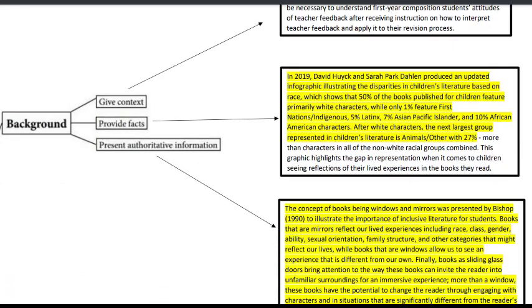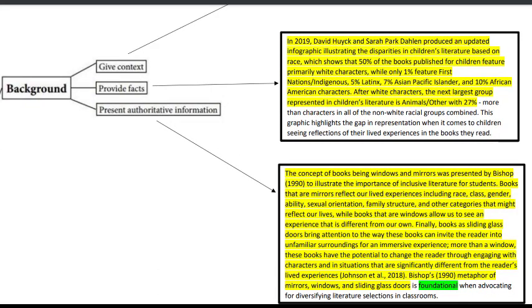So in this here, okay, I have a couple of background information and then a couple of paragraphs that show how background information is being used. Okay, so you could pause and take a look at those, and then you'll just kind of notice in the highlighted area how that is all background info, and then you'll see where the sentences kind of continue to see what they're going to do with that, okay?